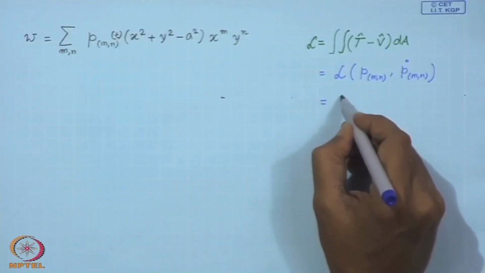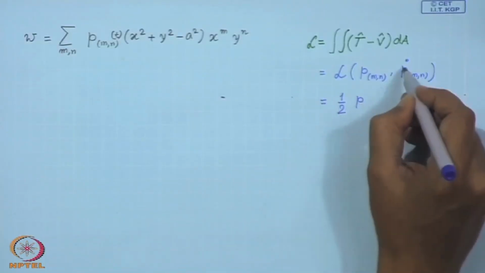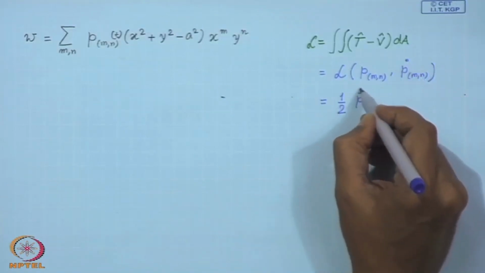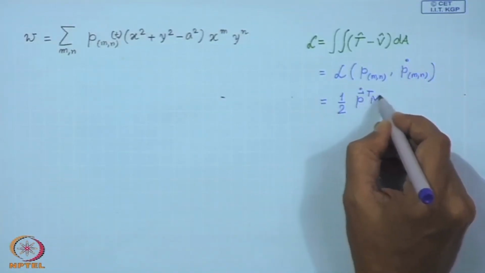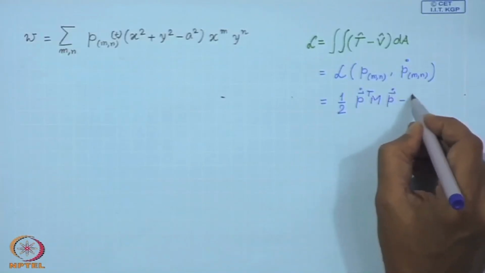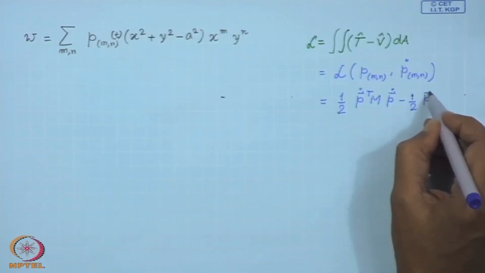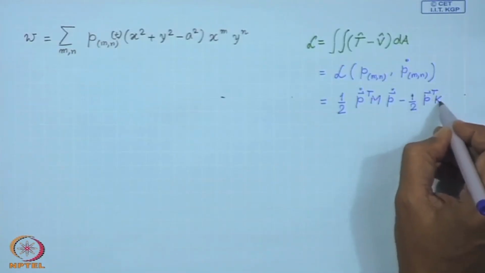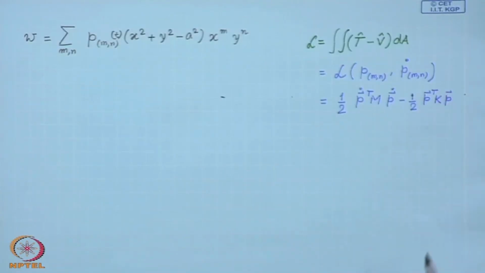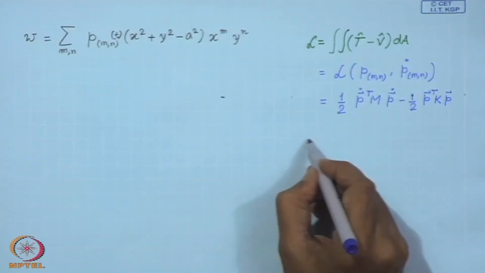So, this Lagrangian will have this structure. So, the equation of motion will follow.